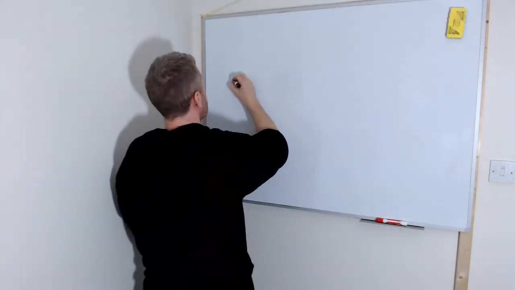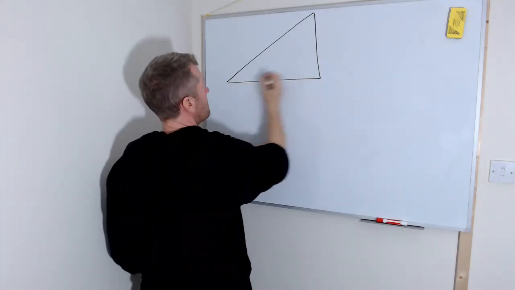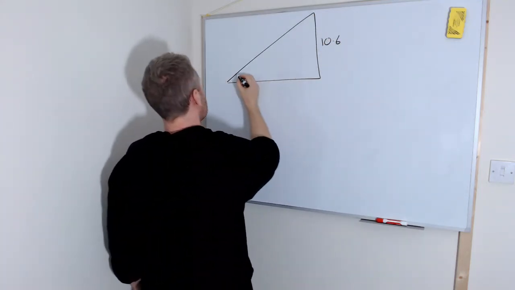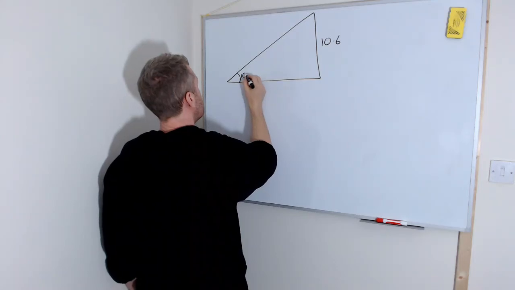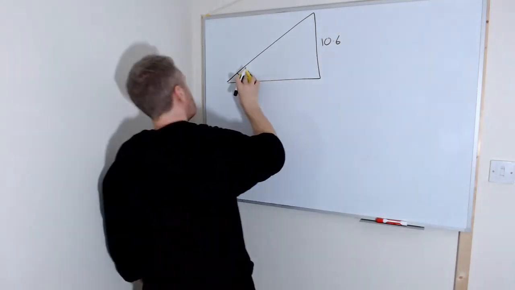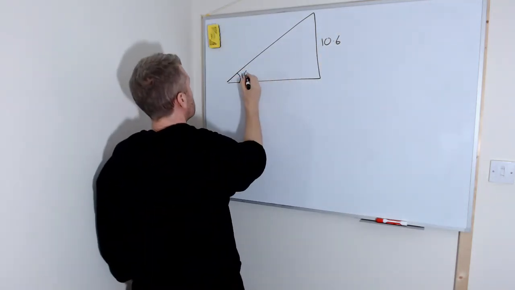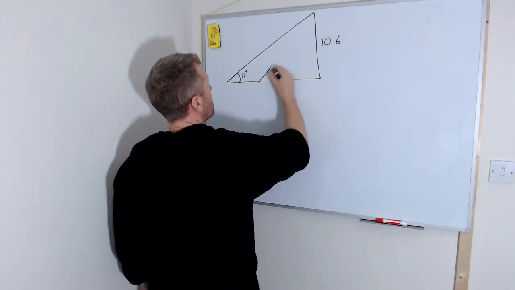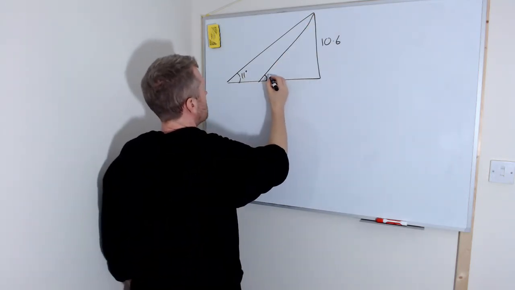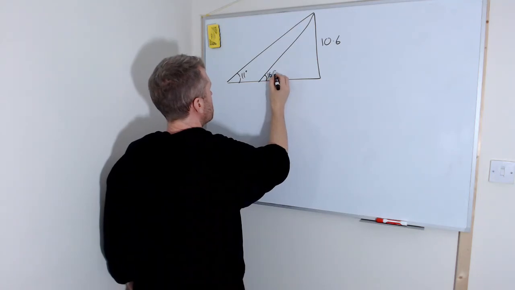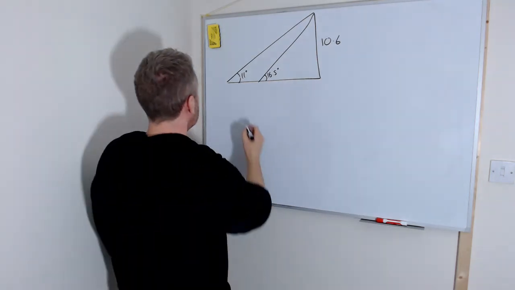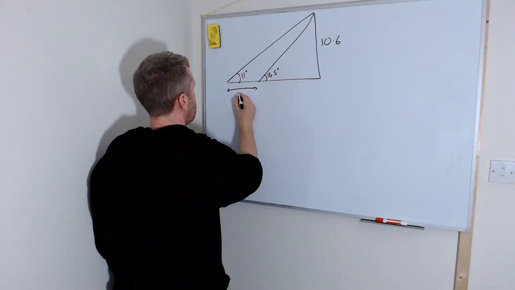So in our original thing, we got 10.6, we got 2 alpha, which is 10.11 degrees, and we got another one here, which is 16.5 degrees.